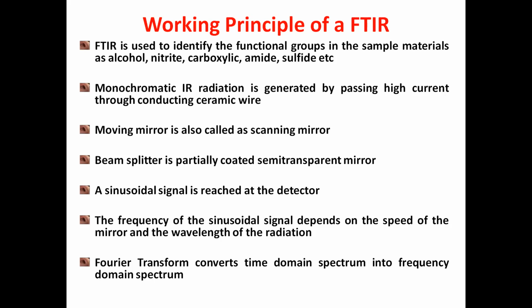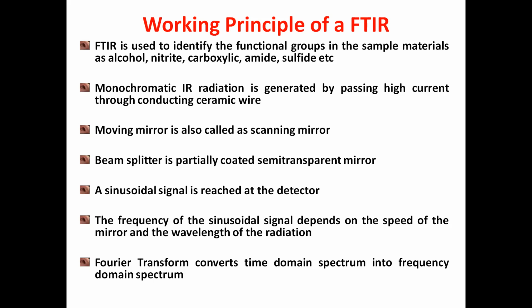A sinusoidal signal reaches the detector, meaning a continuous signal will not reach the detector. Sinusoidal means once the signal from the reference material and once the signal from the sample material. In this way, a sinusoidal signal reaches the detector. The frequency of the sinusoidal signal depends on the speed of the mirror and the wavelength of radiation. What will be the frequency reaching the detector?